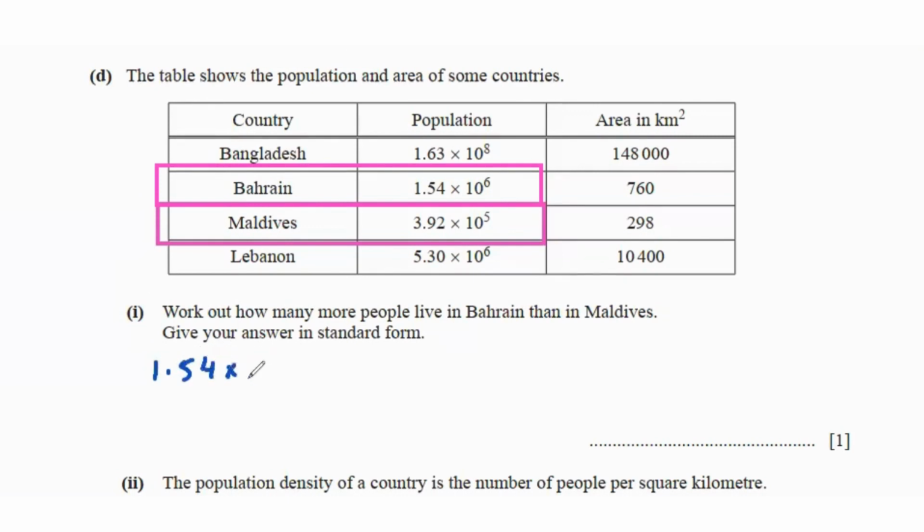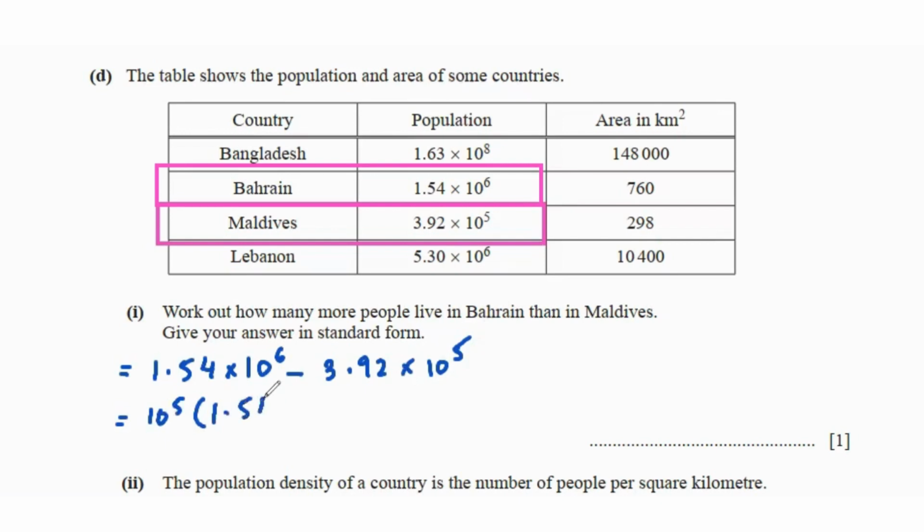1.54 times 10 to the power of 6 minus 3.92 times 10 to the power of 5. So we take 10 to the power of 5 common.